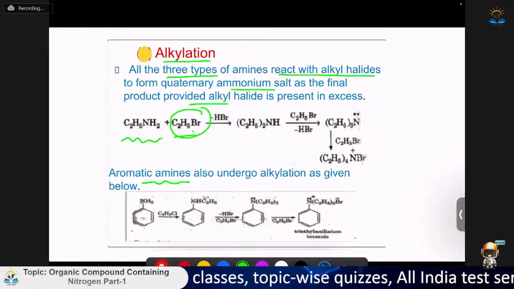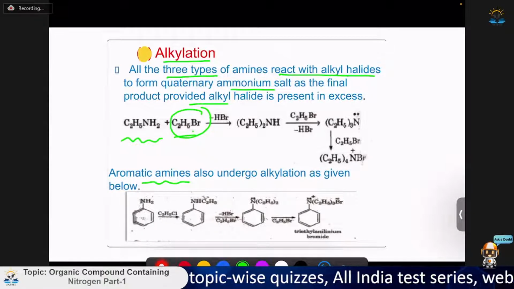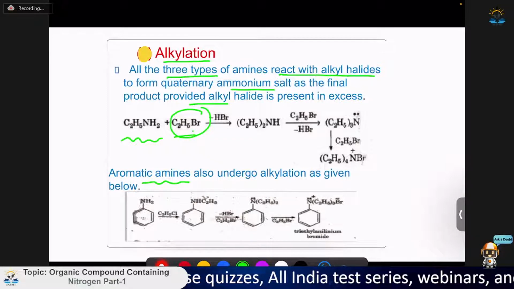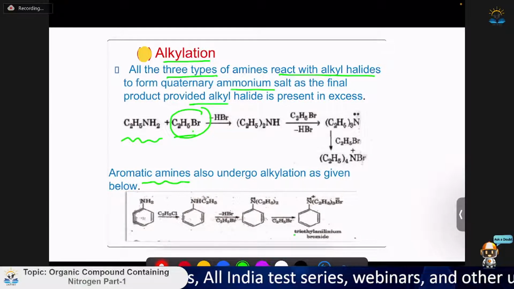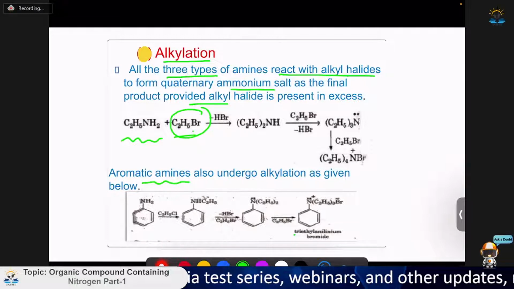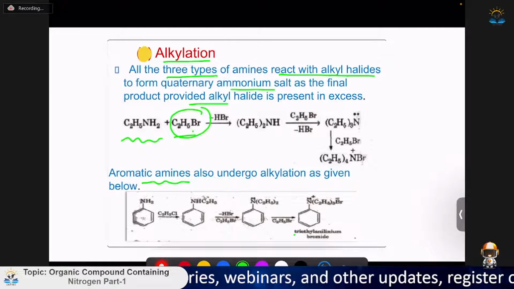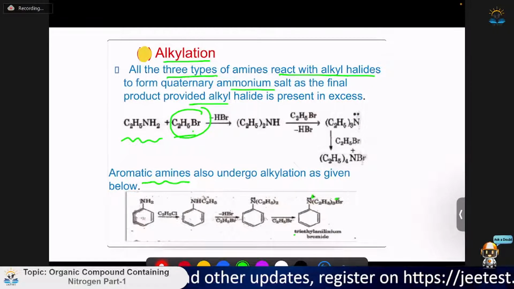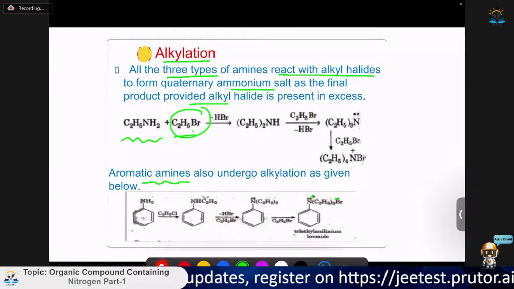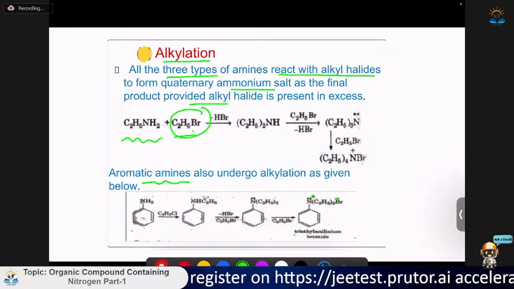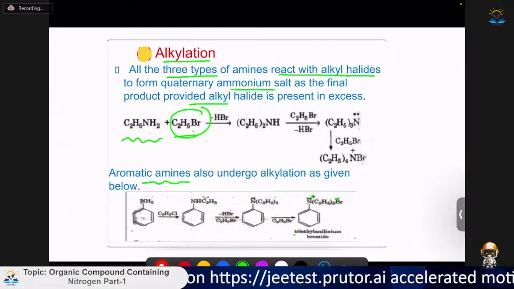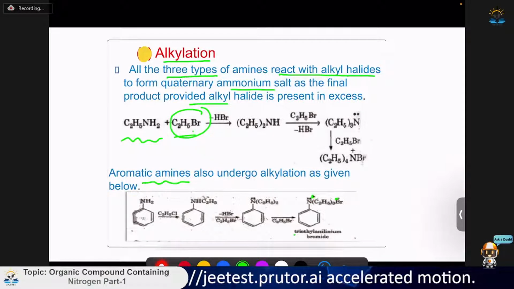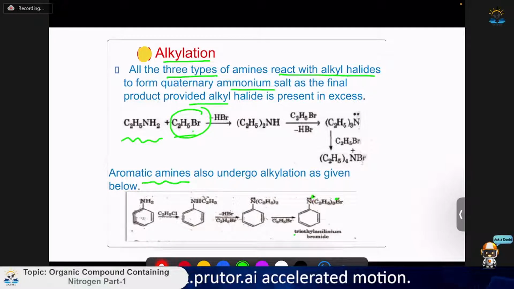They will also undergo this alkylation until they form quaternary ammonium salt, which means that all the hydrogen atoms are replaced and nitrogen has a plus charge, and here it is bound to a negatively charged ion. So both aliphatic and aromatic amines will form quaternary ammonium salts in case of alkylation.